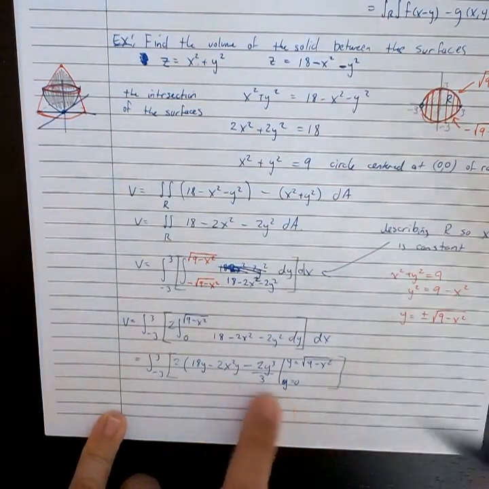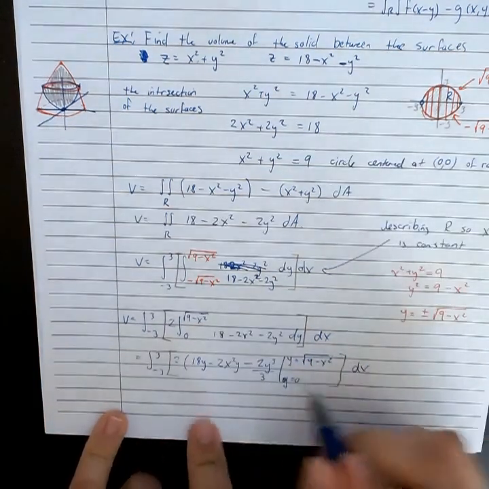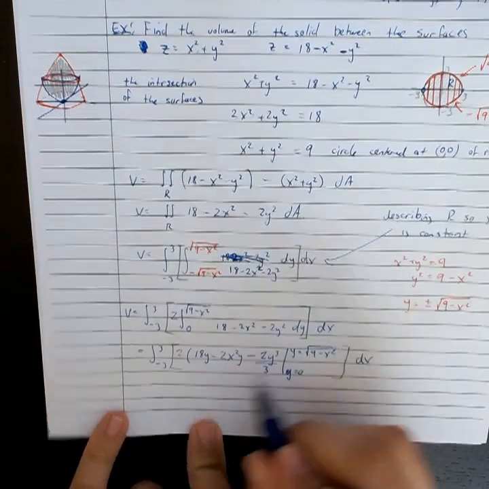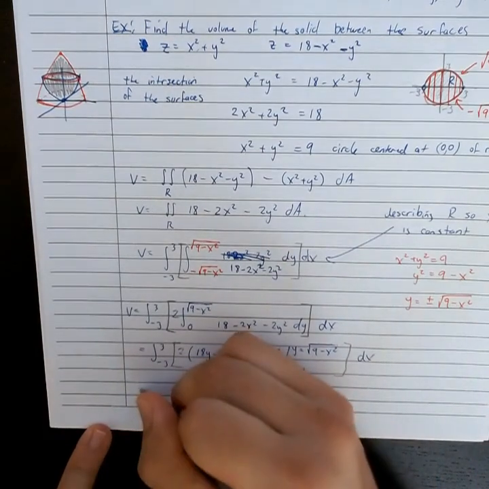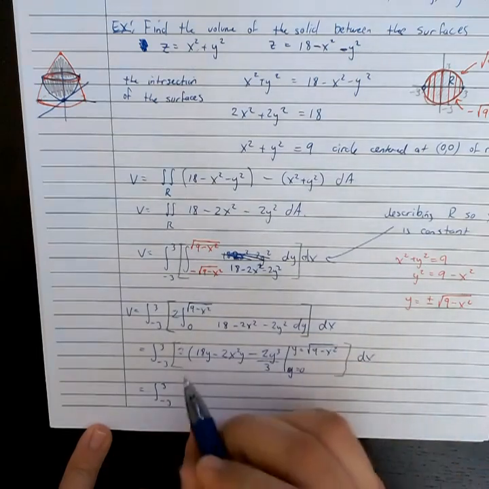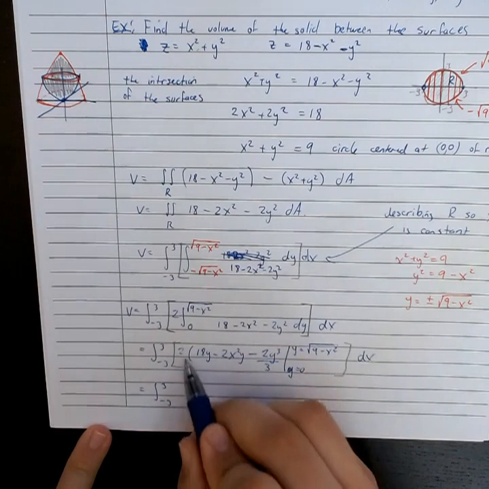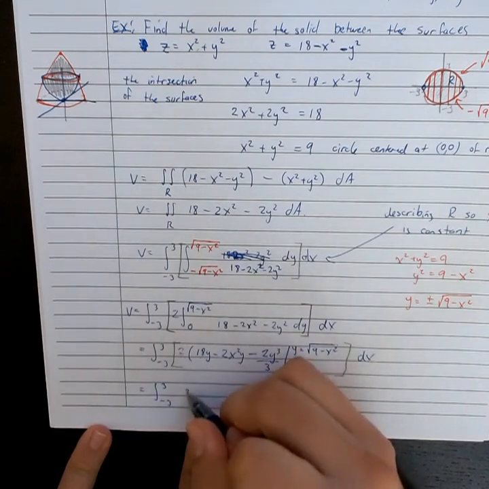All right, well, obviously plugging in 0 into all of these makes this 0. So we don't have to worry about that. Here we're going to plug in that square root. And let me distribute the 2 while I'm at it. So that's going to give me the integral from negative 3 to 3 of 2 times 18, which gives me 36.